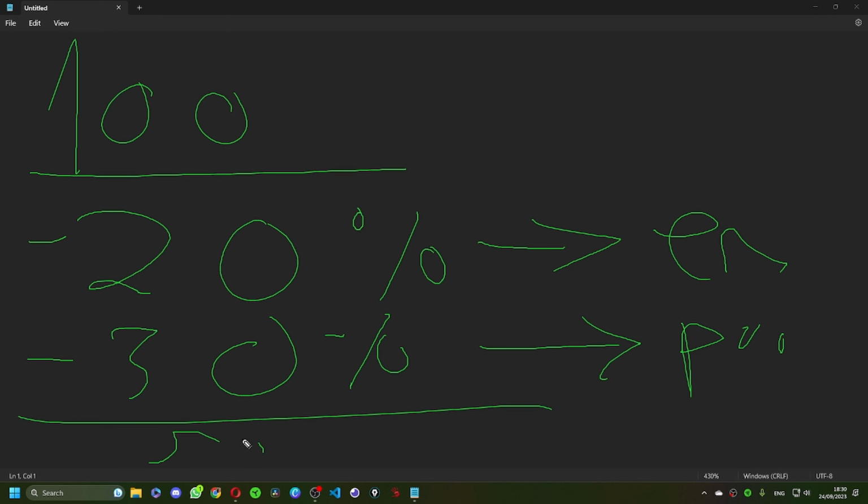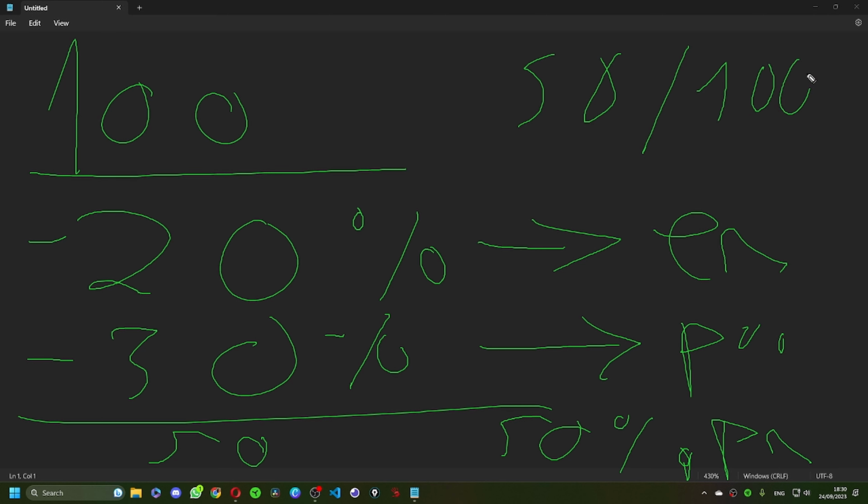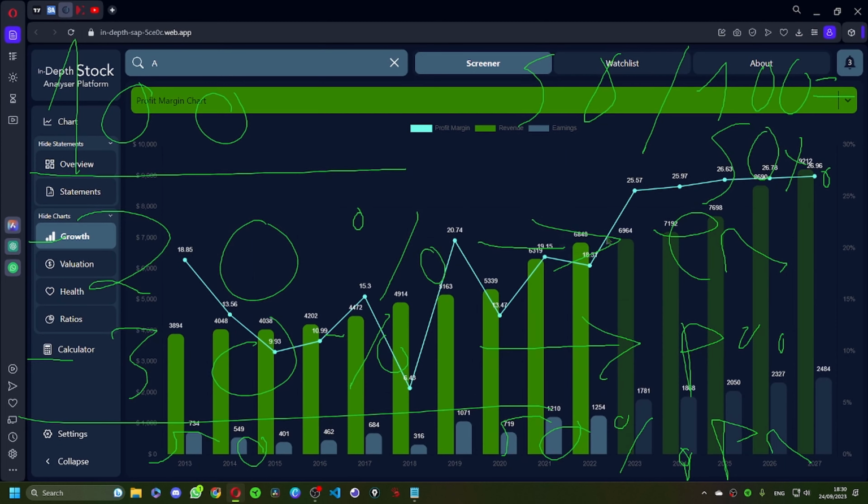Then you're left with $50, and that means you have a 50% profit margin, because 50 divided by 100 is 50%. And that's basically what the profit margin is. It's pretty simple.